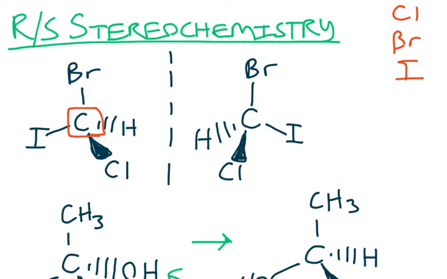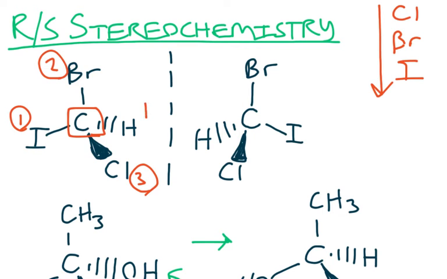And as you go down this column, you get bigger mass. So iodine is going to be the heaviest, then bromine, then chlorine. And hydrogen is the lightest element in the whole periodic table, so it's always going to be last priority.